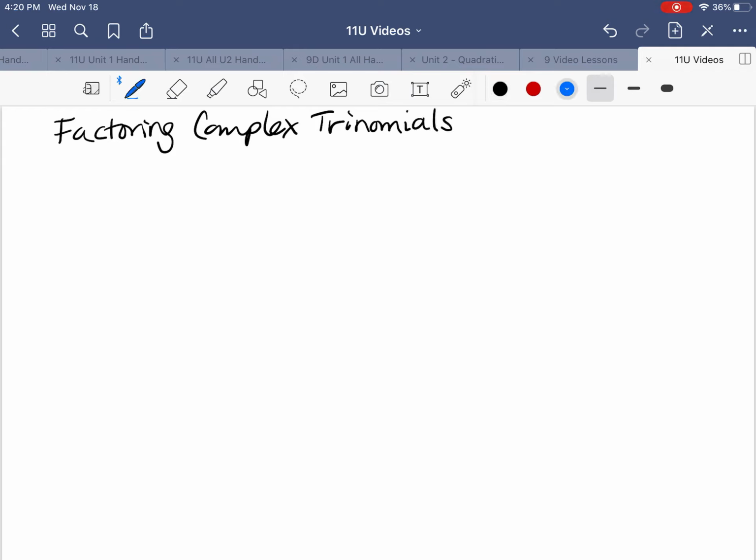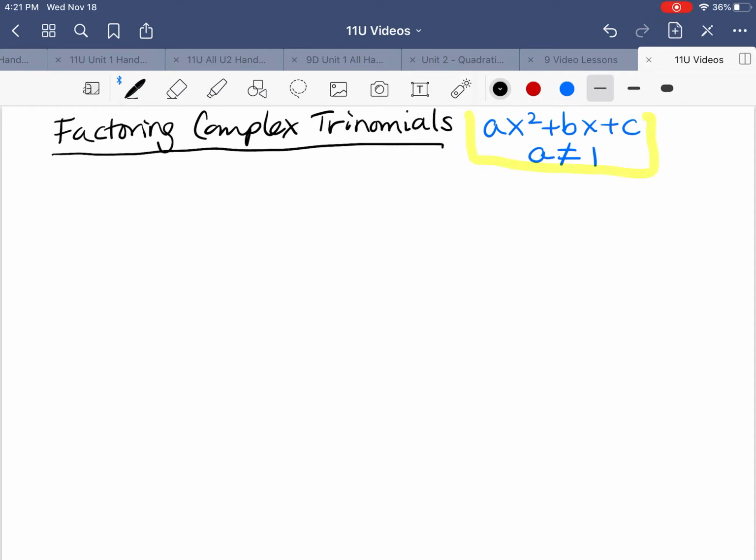And what we mean by a complex trinomial is where we have ax squared plus bx plus c, and a is not equal to 1.